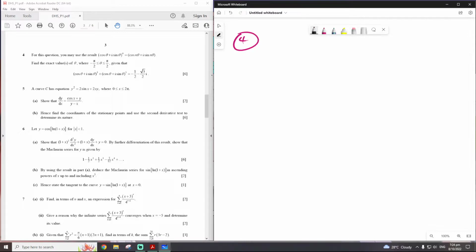So we are given the question of finding the exact possible values of theta, where negative pi over 2 to pi over 2, to satisfy the equation (cos theta + i sin theta)^3 + (cos theta + i sin theta)^5 equals negative half minus root 3 over 2 i.